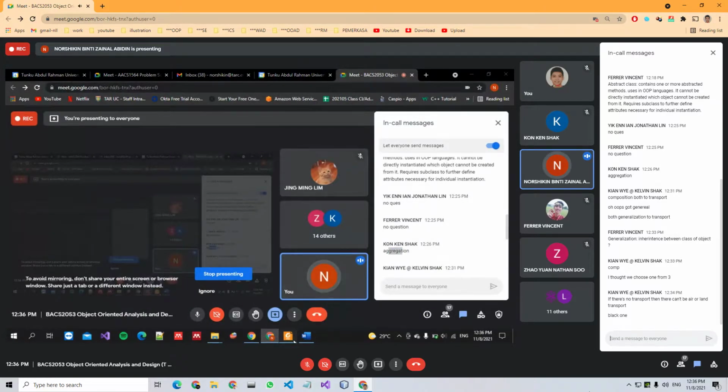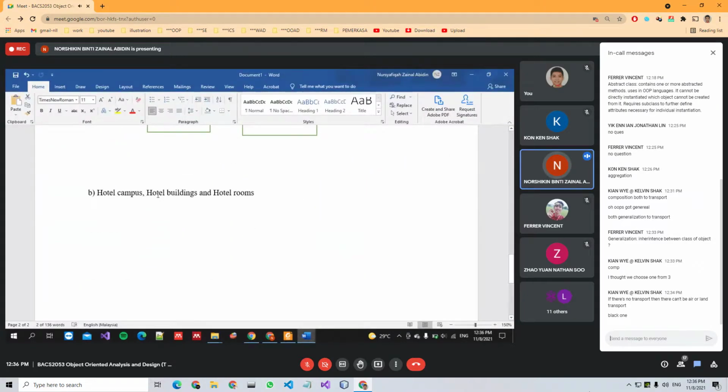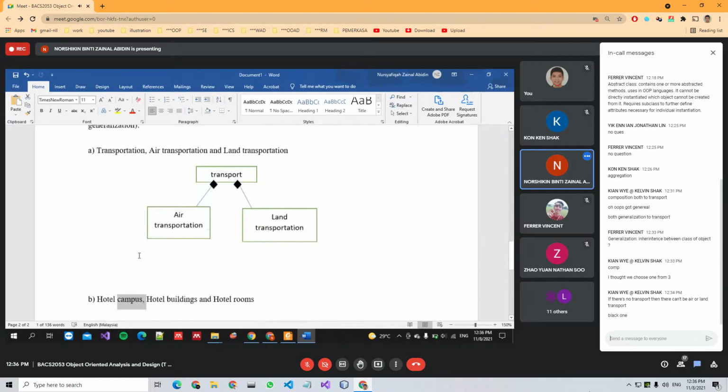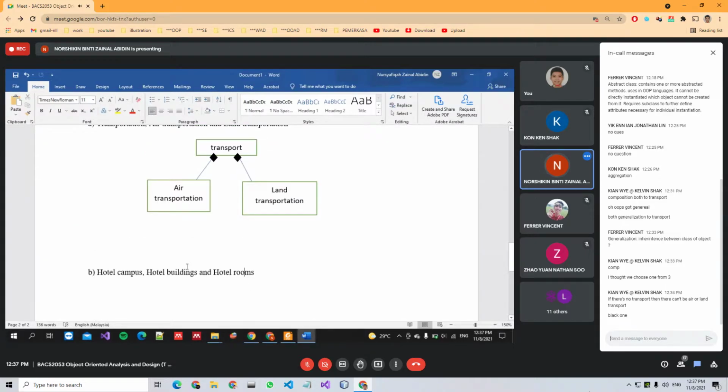Number 2B. Hotel campus, hotel building, and hotel rooms. What is hotel campus?